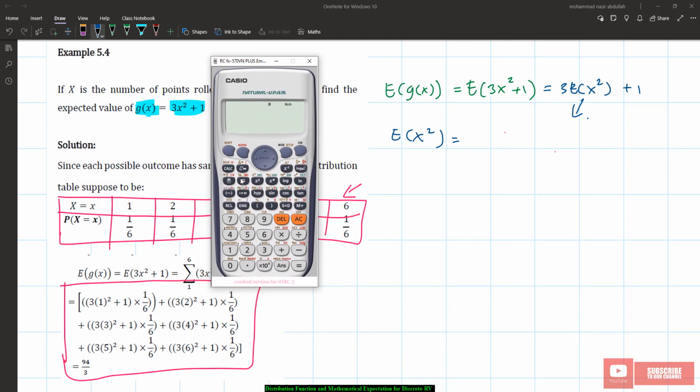Where is summation? This one. So press shift, summation. And then you put x square.